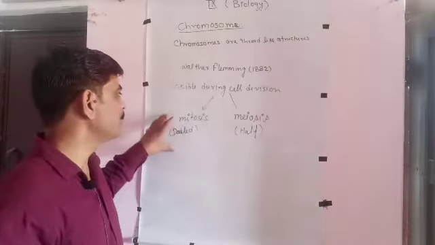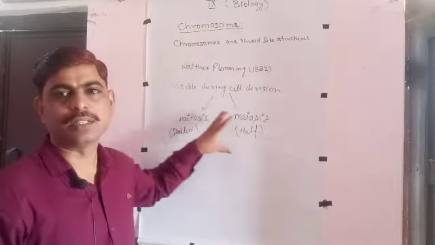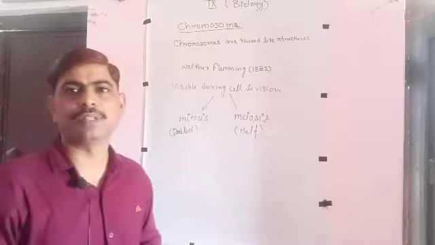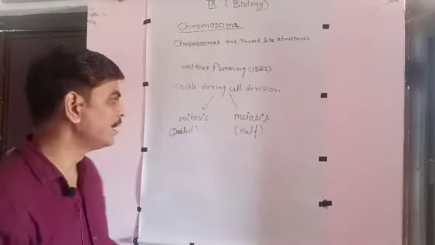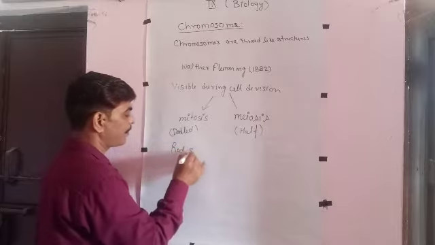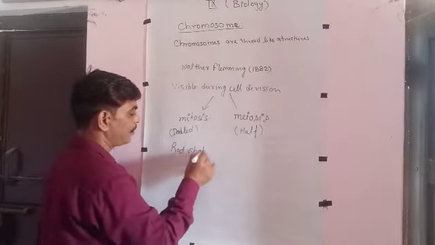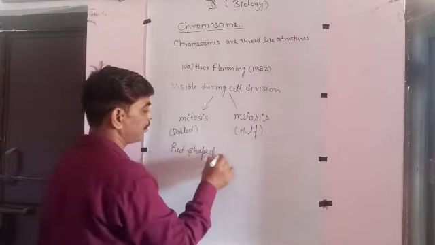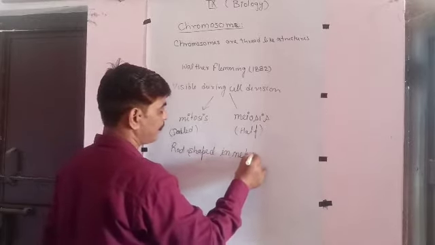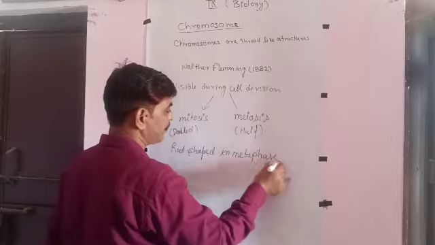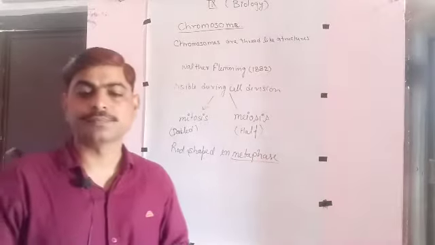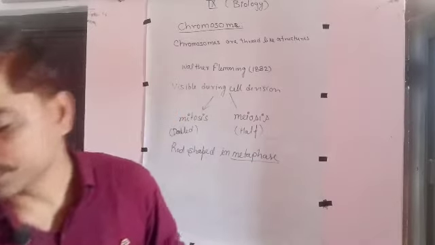Here the number of chromosomes multiplies, and here the number of chromosomes becomes half of their number. They look rod shaped in the metaphase stage of cell division.